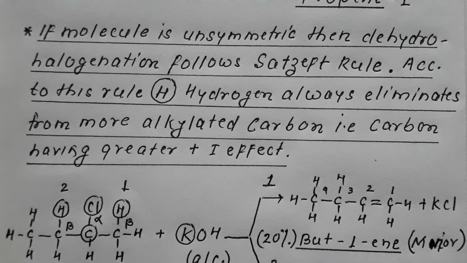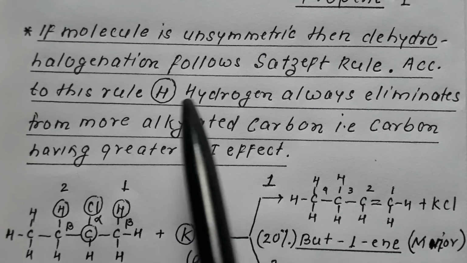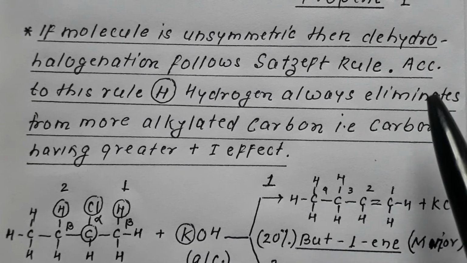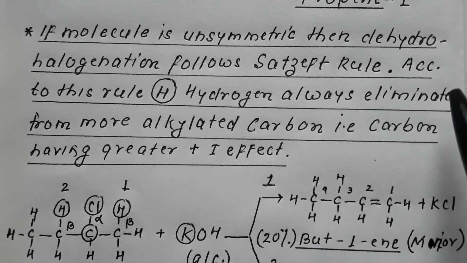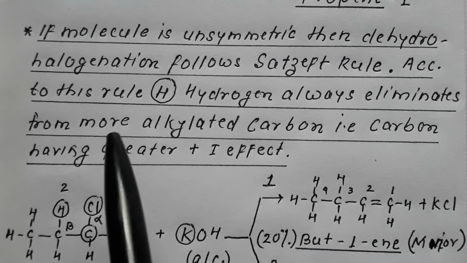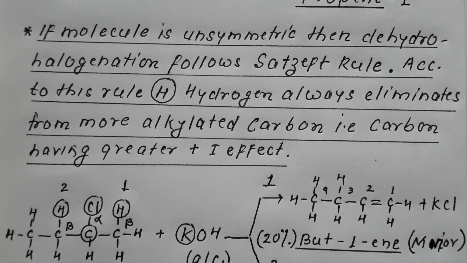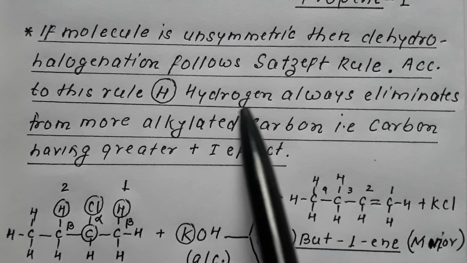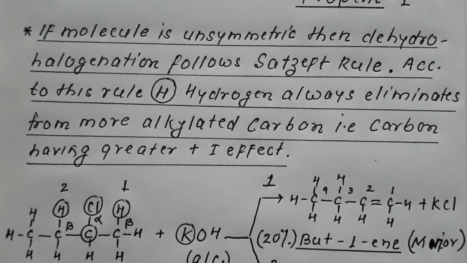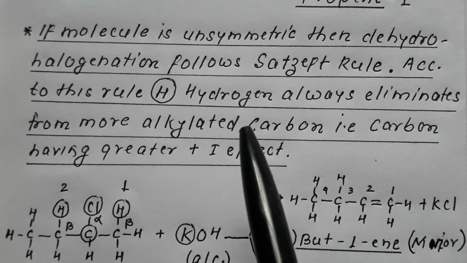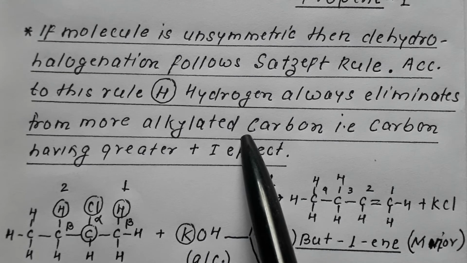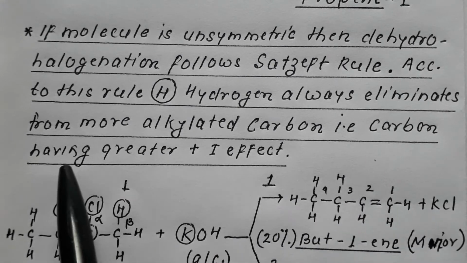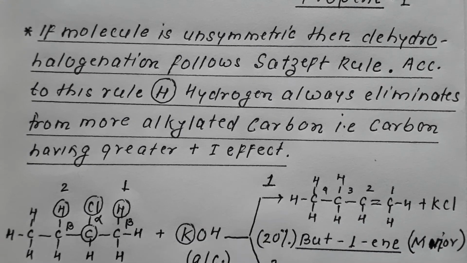According to this rule, the hydrogen always eliminates from the more alkylated carbon. During the process of dehydrohalogenation, the hydrogen atom eliminates from the carbon which is more alkylated, that is, the carbon having greater plus I effect.